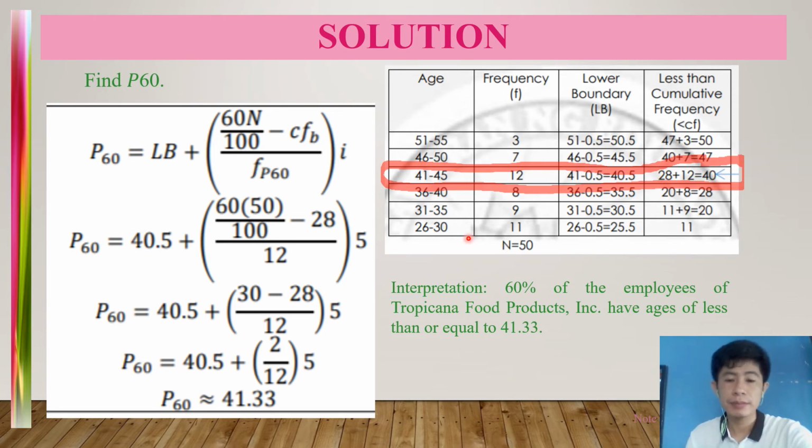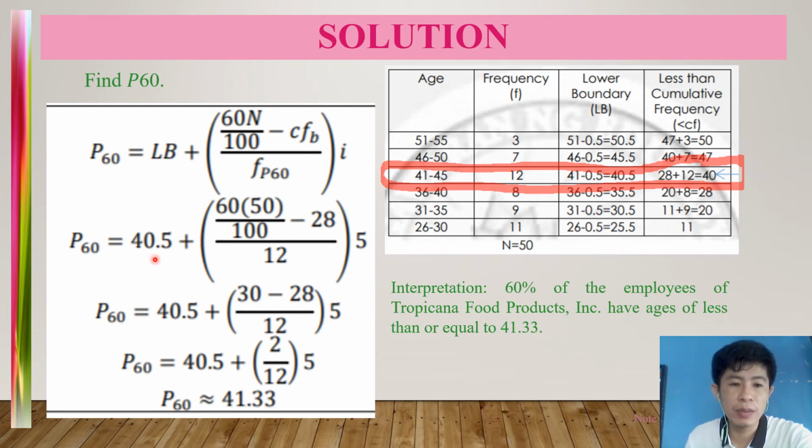So, this is the formula. Ang hinahanap natin is percentile 60 is equal to lower boundary plus 60, n over 100 minus CFB over P60 times I. Okay, we will now substitute the values.